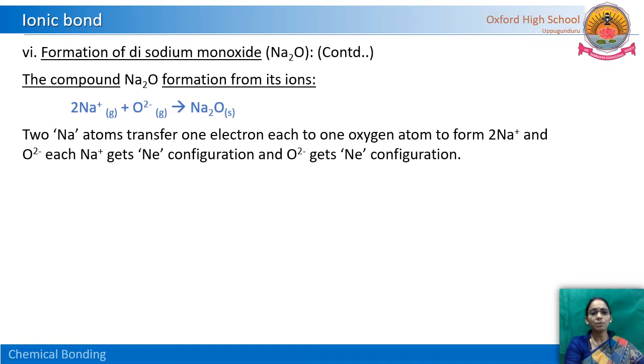So the sodium atom, that is the cation, gets neon configuration, the stable configuration, and oxygen also gets neon configuration, that means stable electronic configuration. So by transferring the electrons, the two atoms attain stable configurations. So the bond between the sodium and oxygen is called ionic bond.